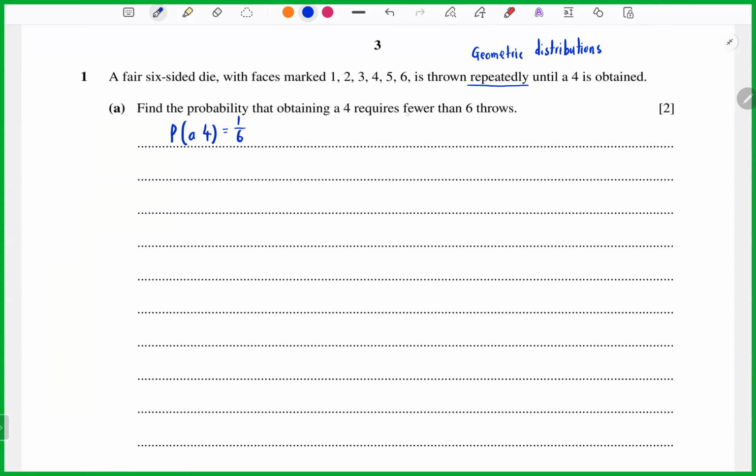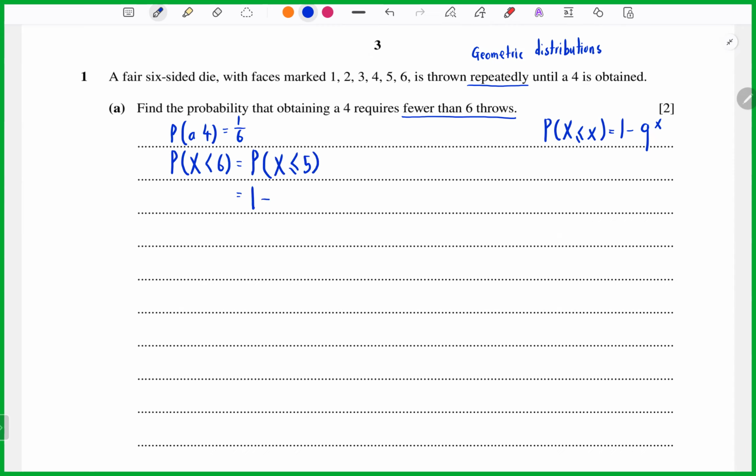And the question says fewer than 6 throws, so you need to take the formula for P(X less than or equal to x) equals 1 minus q to the power x. It's less than 6, so you can consider x less than or equal to 5.